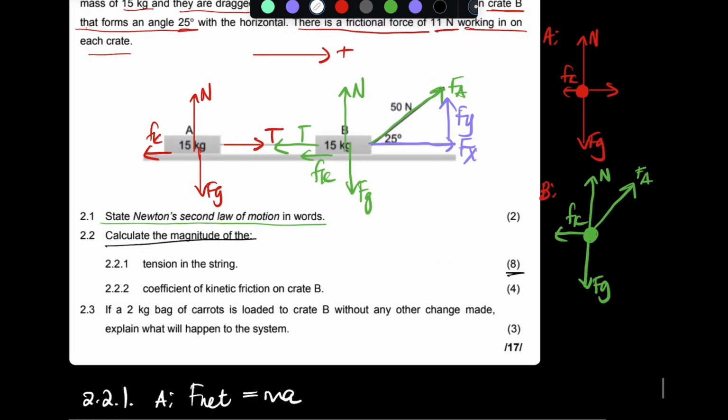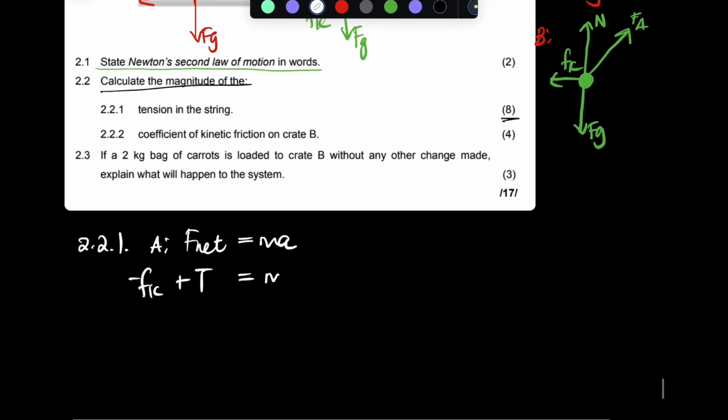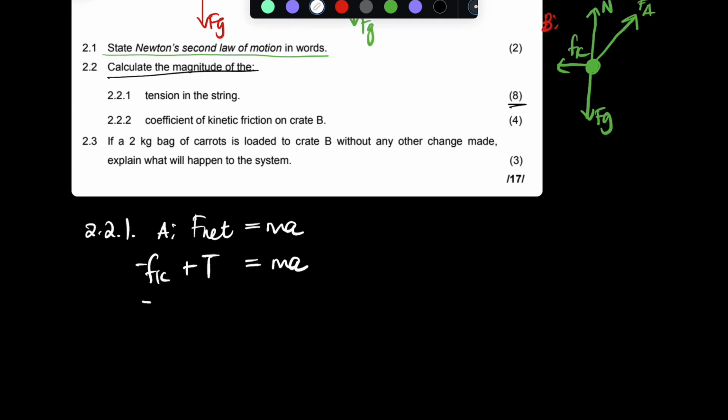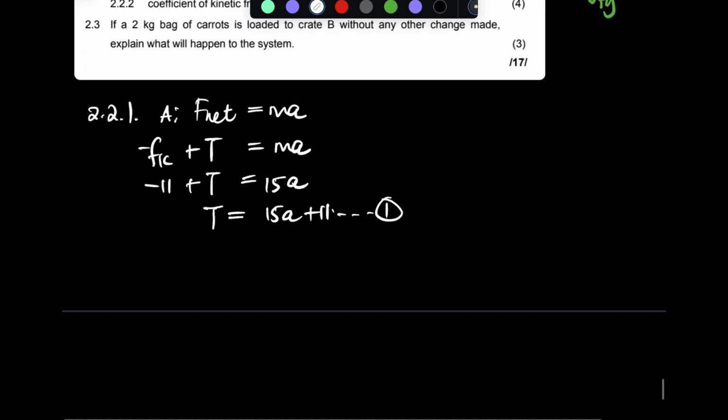Remember, I chose to the right as positive. So we substitute what we have: negative 11 plus T is equal to the mass, 15, times a. So our T is going to be 15a plus 11. That will be equation 1.